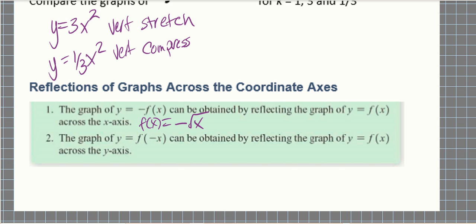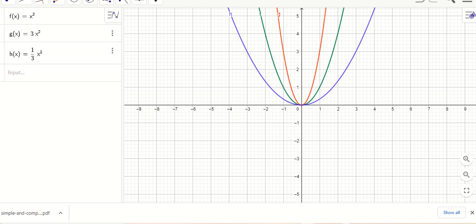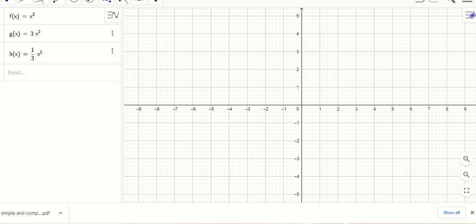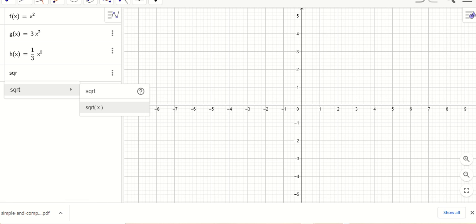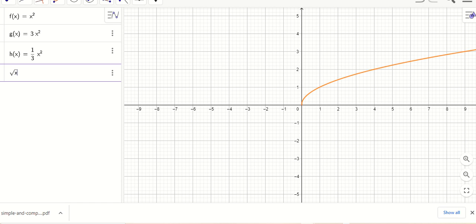Now, I know you're like, I still don't see what you're talking about, so let's graph it. The square root of x looks like this, right? We all agree. Remember, it starts at 0, 0.